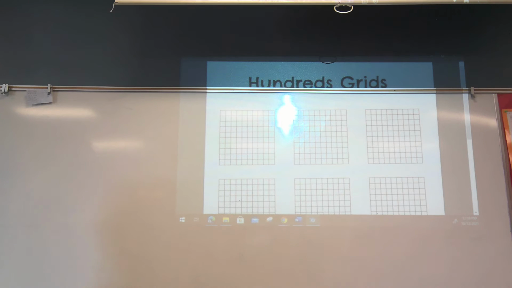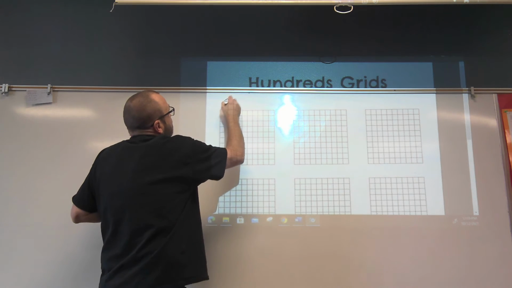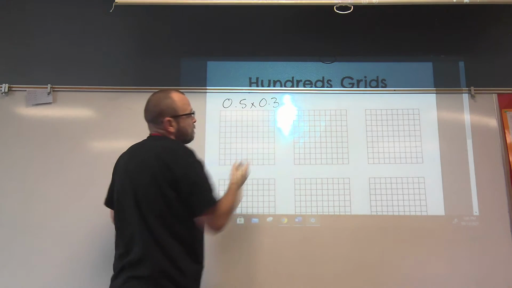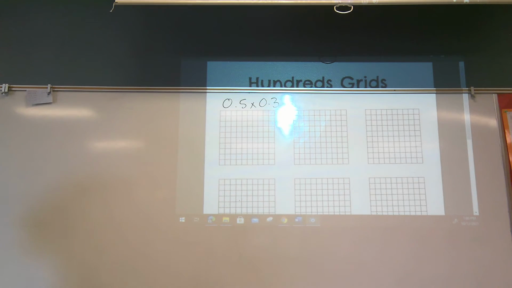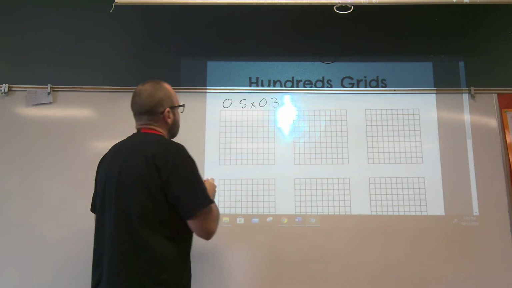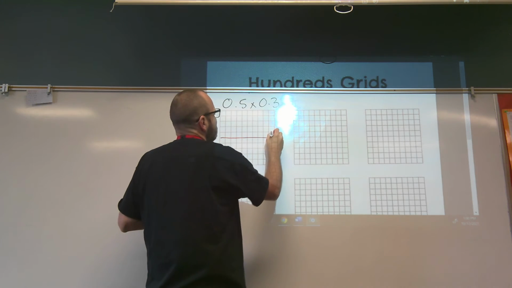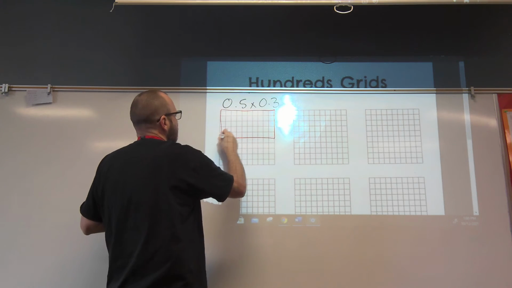What do I know? What if we had 5/10 times 3/10? You already probably know the answer is 15 hundredths. The picture would look like 1, 2, 3, 4, 5/10, and this would be shaded in.